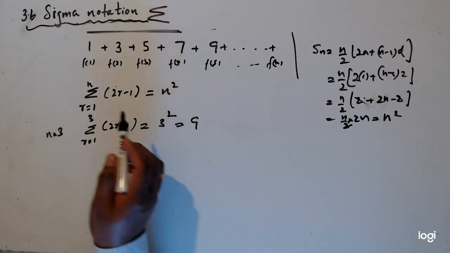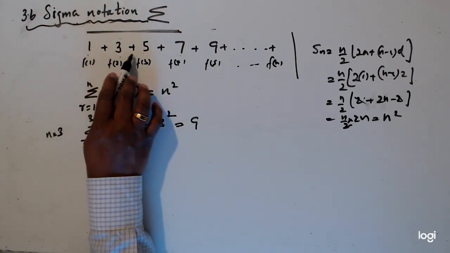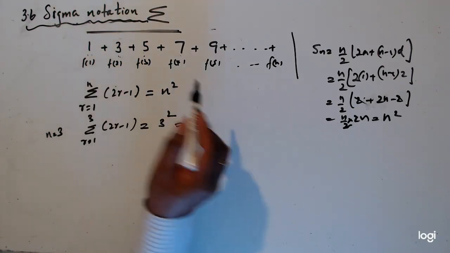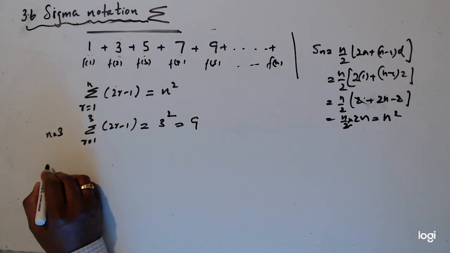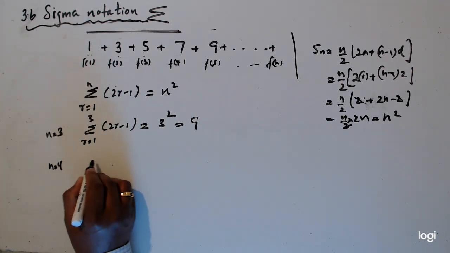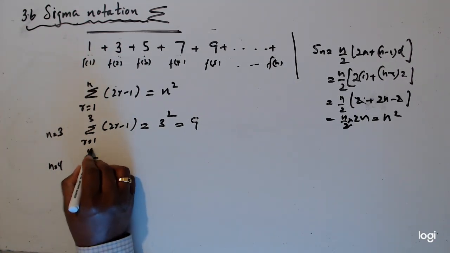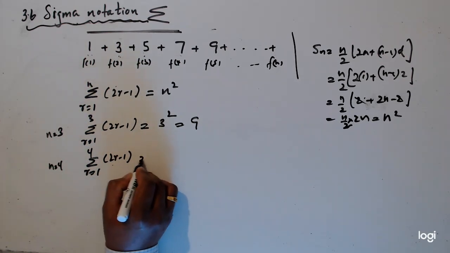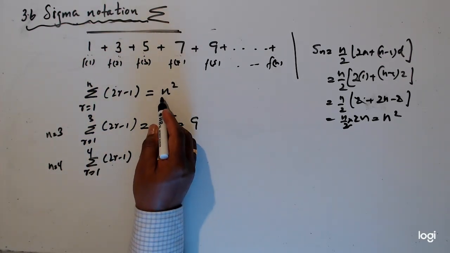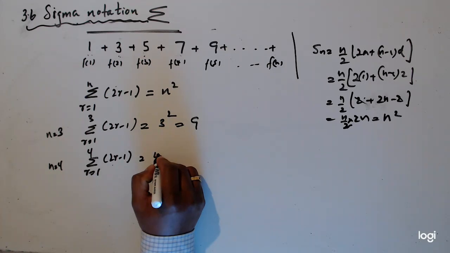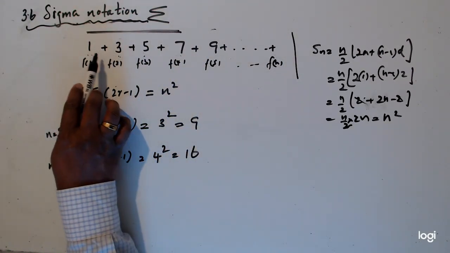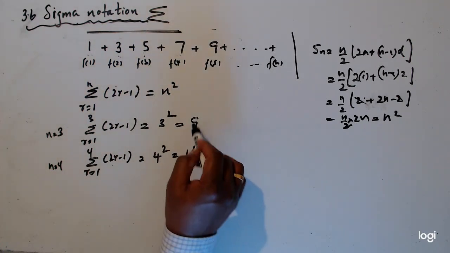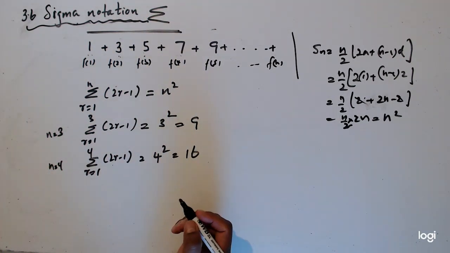Let's see whether that is right. 1 plus 3 plus 5, 5 plus 3, 8 plus 1, 9. So let's see n equal 4. r equal 1 to 4 of 2r minus 1. Now the n value is 4, 4 square is 16. So up to here 9, 9 plus 7, 16. Yeah, it is working.